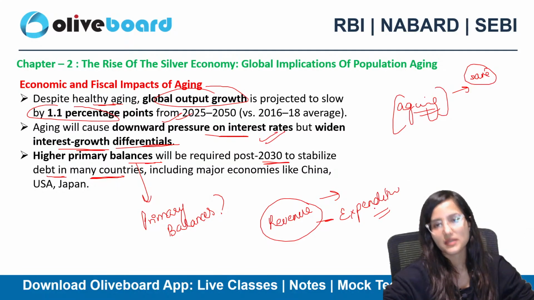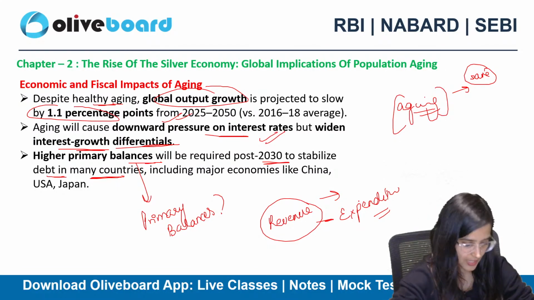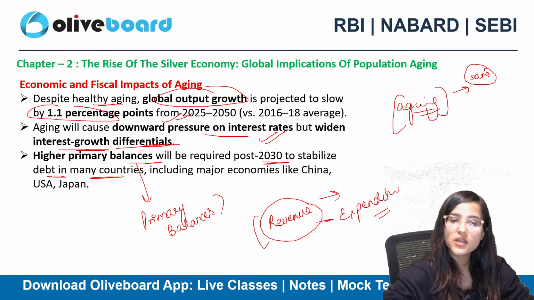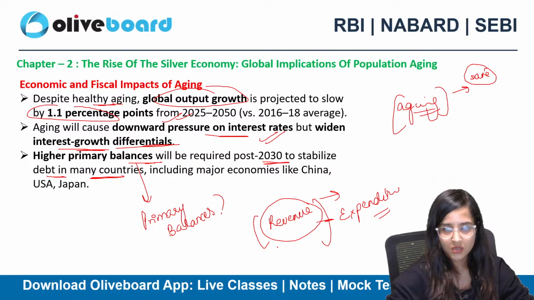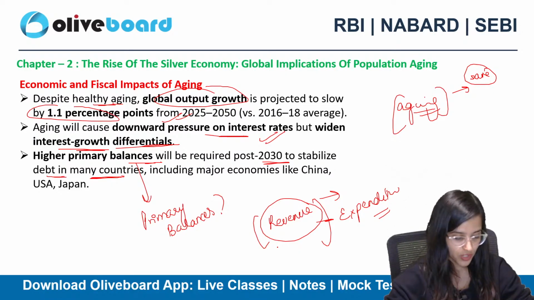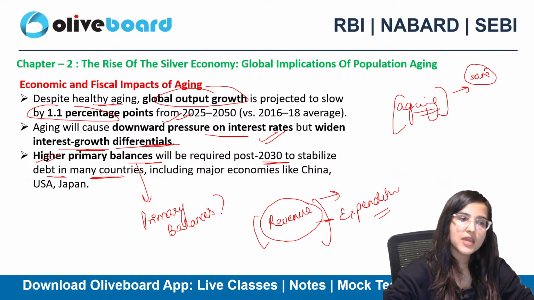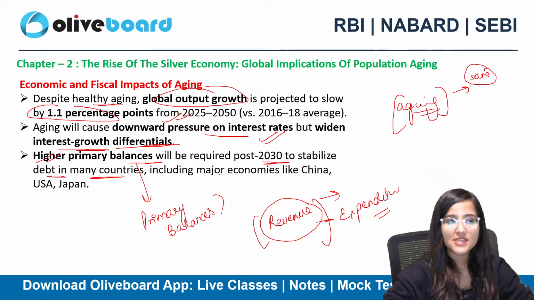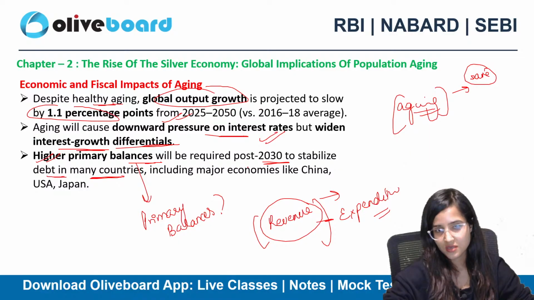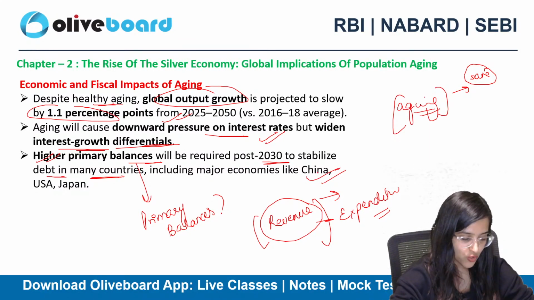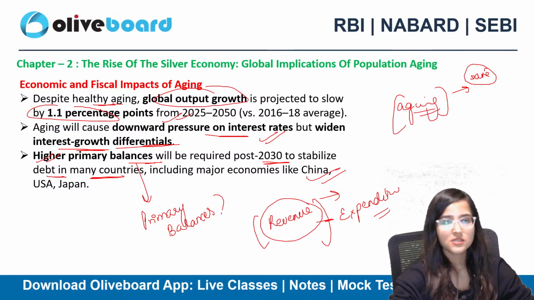That is your primary balance. Excluding interest payments on debt, government borrowing and lending. Exactly, the net value. So actually what you are earning from your taxes and all, we're not talking about loans and debt, government borrowing and all in this case. So what they're saying is we need higher primary balance so that we can stabilize debt in many countries, including major economies like China, US, Japan. Yes, Mukund, very good. That is what this means.